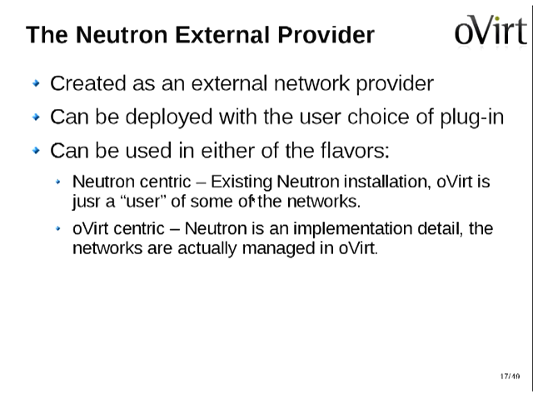Either it's the Neutron-centric way, which says, I have an existing Neutron installation, I'm a Neutron admin, and I already created the service, and I installed the agents, and I created a lot of networks, and I just want to use them in oVirt and consume them in oVirt. So there's this flavor. And there's another flavor which is oVirt-centric.